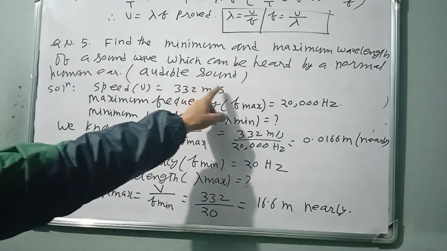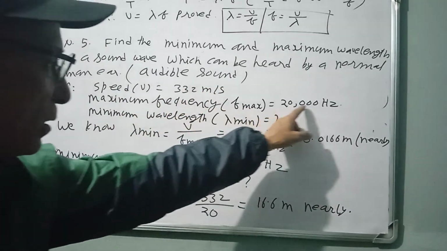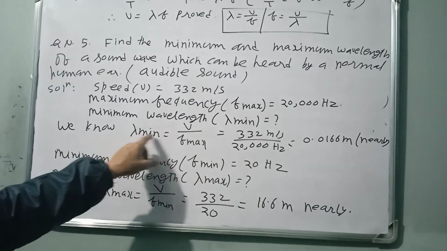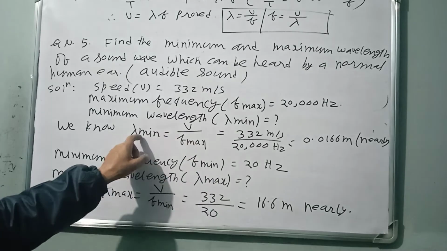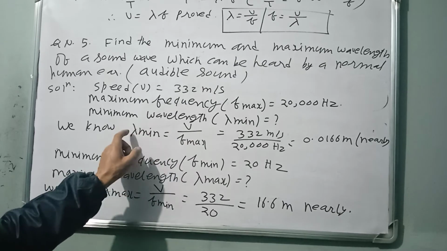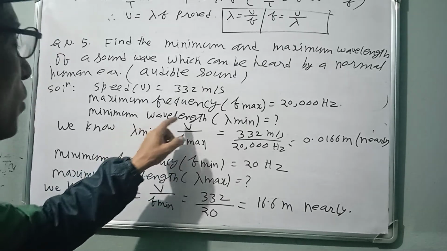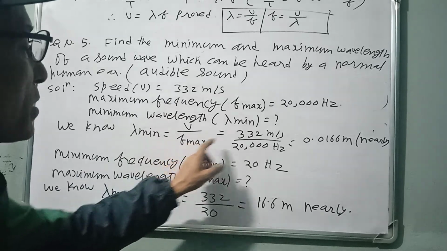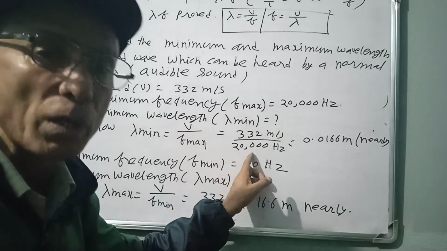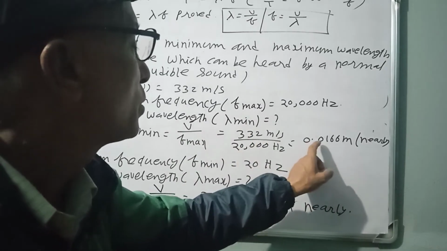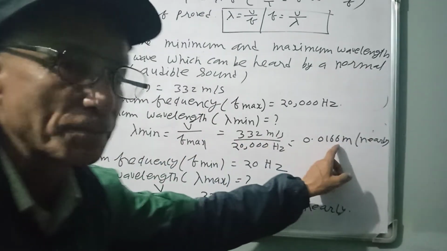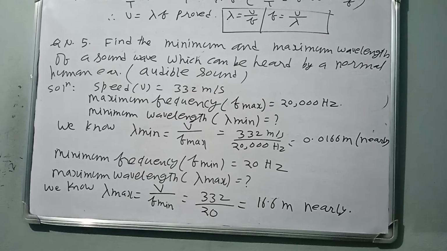So the answer is: speed is 332 meter per second, maximum frequency 20,000 hertz, minimum frequency 20 hertz. When the frequency is maximum, wavelength is minimum: lambda min equals speed upon maximum frequency, 332 divided by 20,000. 0.0166 meter is the minimum wavelength that can be heard by human beings.